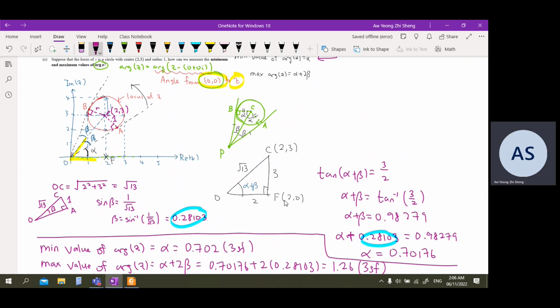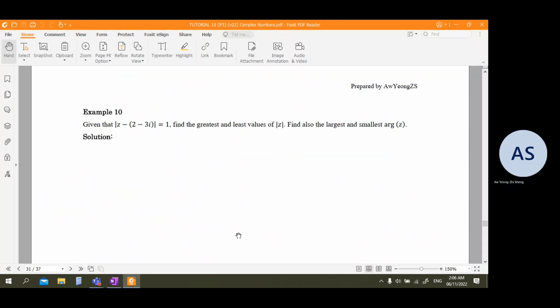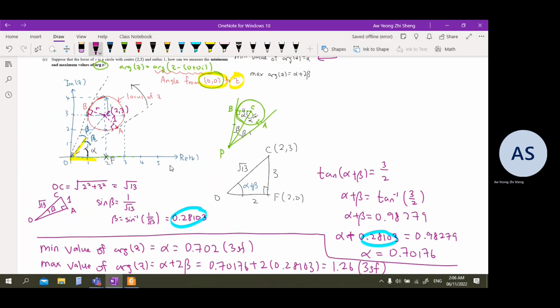Okay, now we'll move to example 10, the second last example for this chapter. This is on page 31.